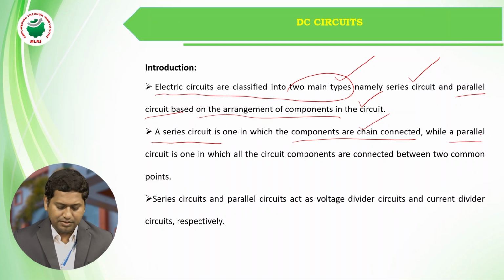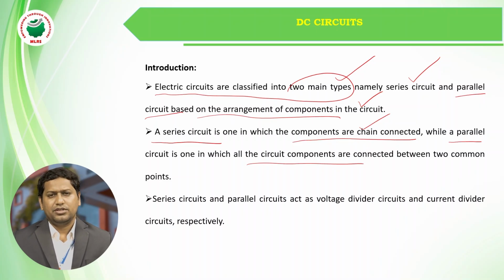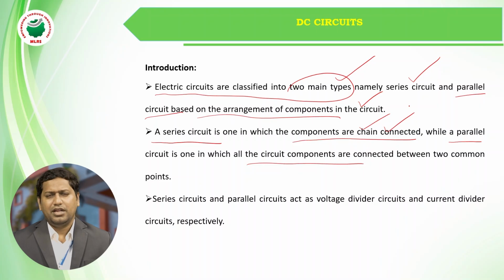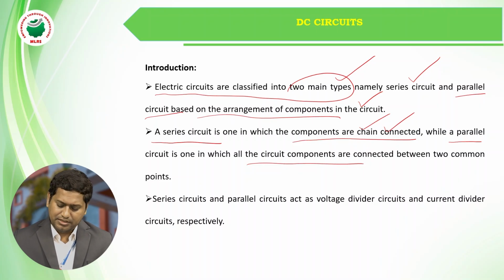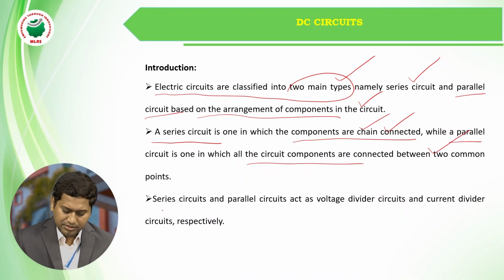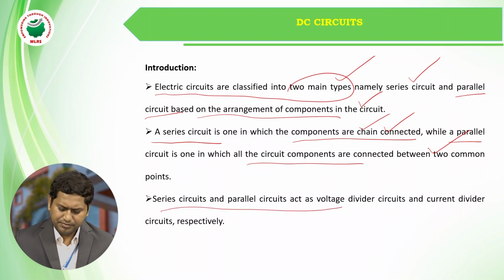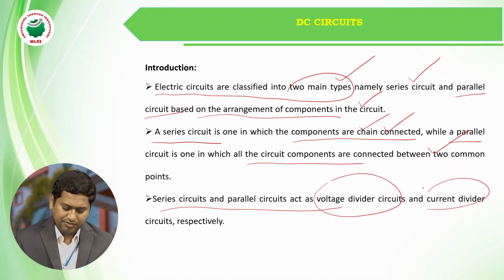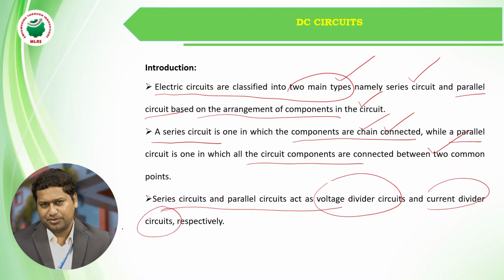While a parallel circuit is one in which all the circuit components are connected between two common points. Series is connected in chain form, while parallel is connected between two common points. Series circuits and parallel circuits act as voltage divider circuits and current divider circuits respectively.